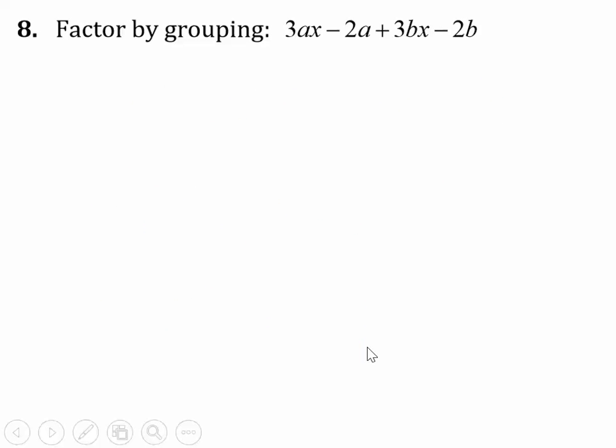Let you guys try the next one here then. All yours. Again, set it up with 2 parentheses with a plus in between.